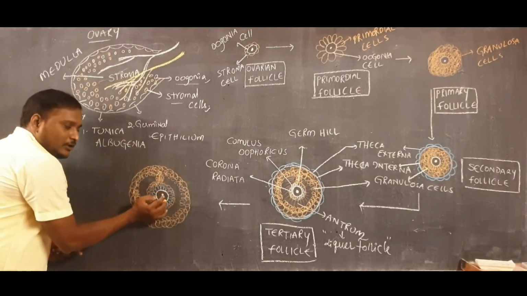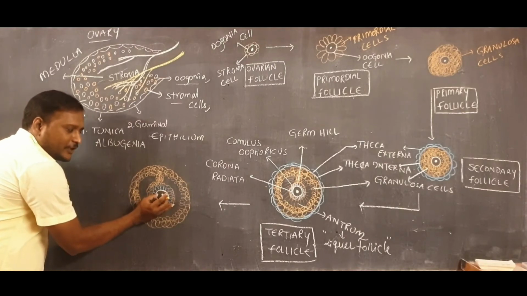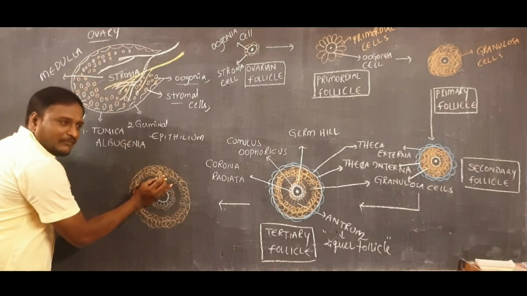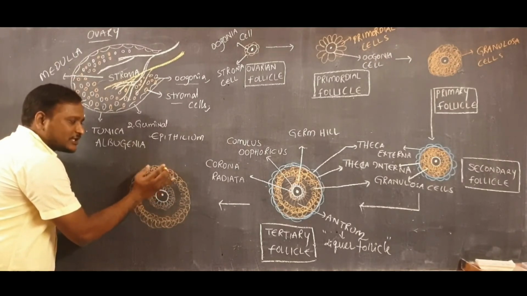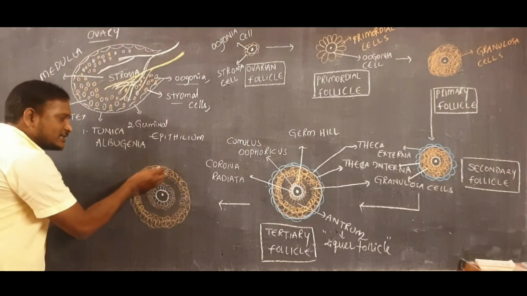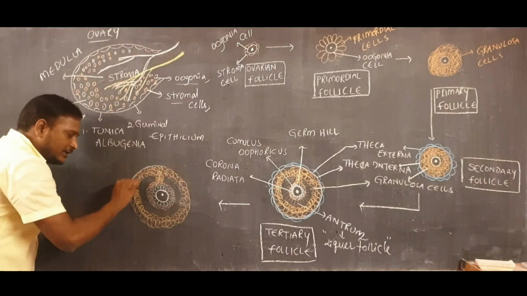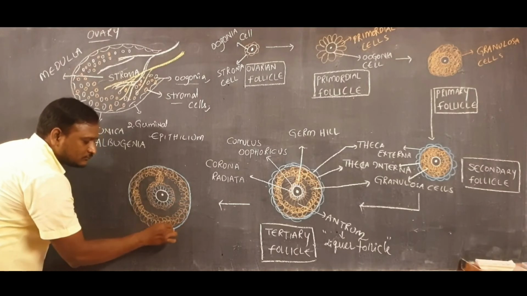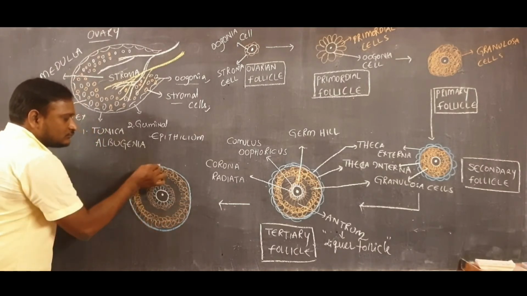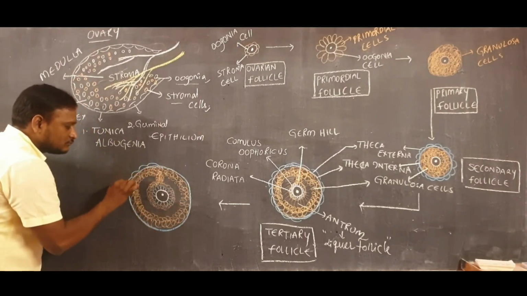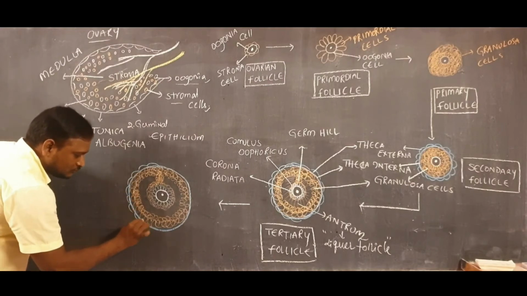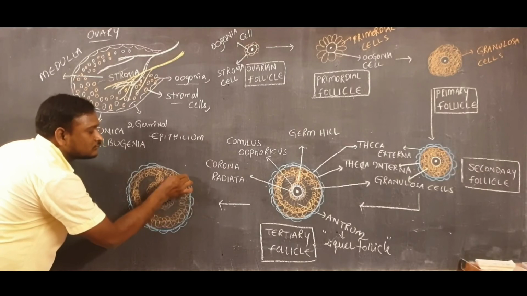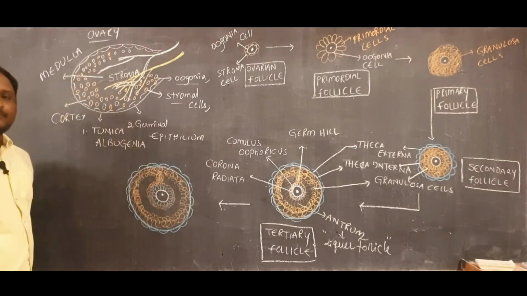So now, female gamete, corona radiata, cumulus oophorus, germ hill, and then granulosa cells. Outside, they consist of theca interna, this one theca externa.